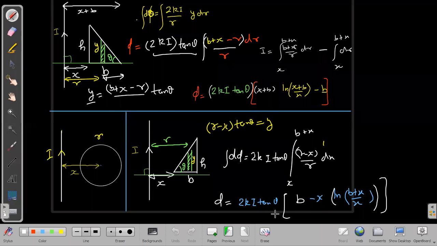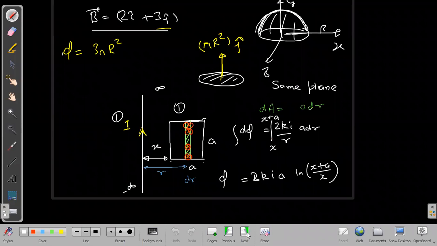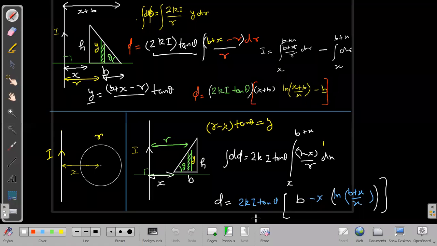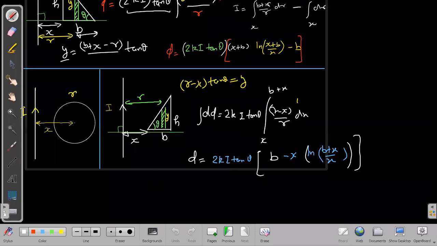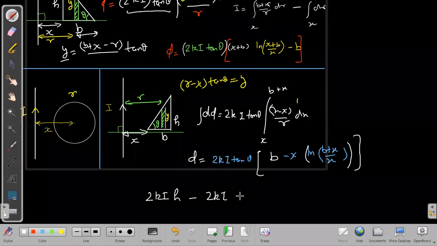B tan theta I can write as h, and x is x only. Tan theta is h by b, so b will cancel. After multiplying by b, I can write it as 2kI h minus 2kI into x tan theta into log of.